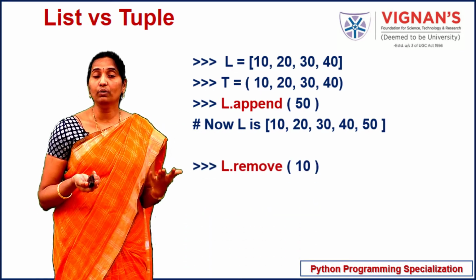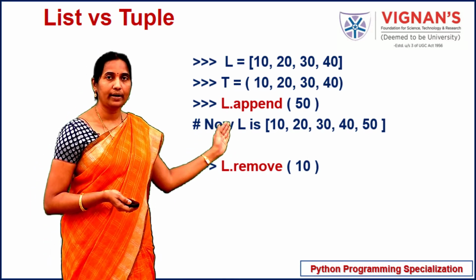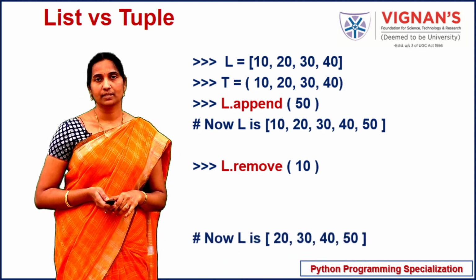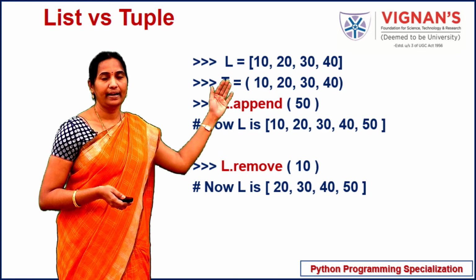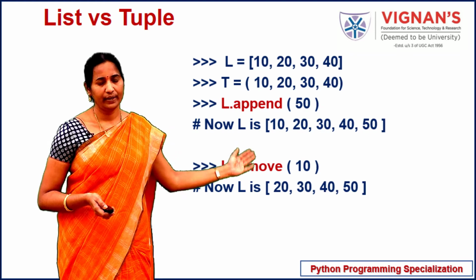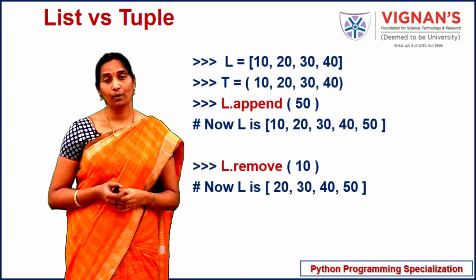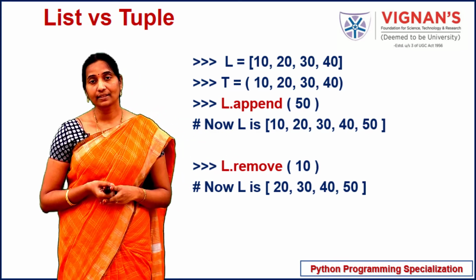You can even remove an element from the list by using the remove method. L.remove(10) removes the element 10 from the list. Now, after adding the new element 50 and removing the element 10, your list will be 20, 30, 40, 50. That's how on a list it is possible to add new elements or delete existing elements.